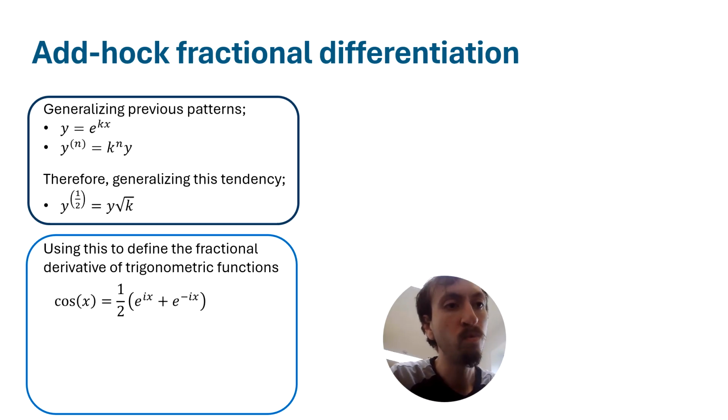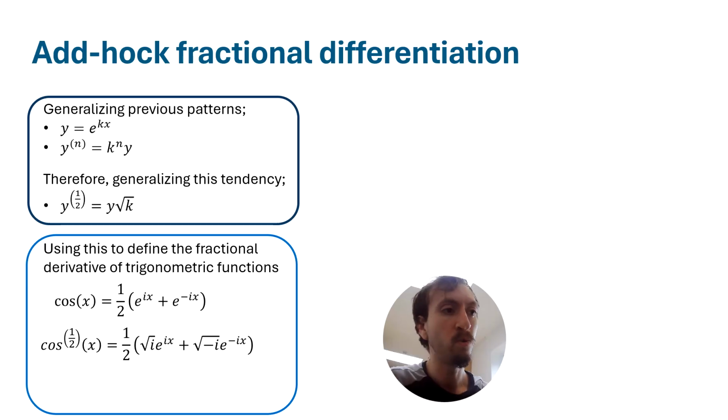Well, we can write cos of x in terms of our complex exponentials, or in terms of complex numbers, and cos of x is just a half lots of e to the ix plus e to the minus ix, as is given by the Taylor series of the cosine function. So the half derivative of cos of x should be this kind of second term in our bottom blue box.